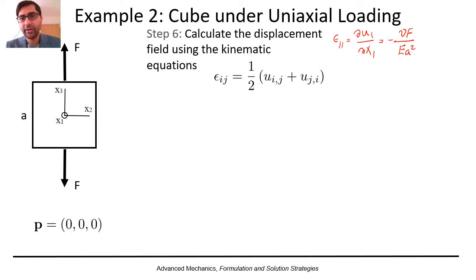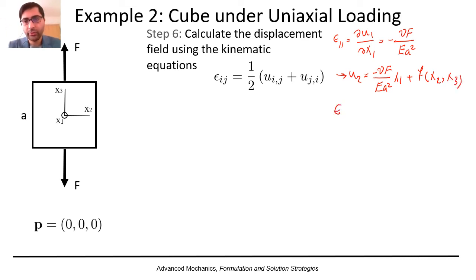And if I integrate with respect to x1, I get u1 is equal to minus nu F over E a² x1 plus a constant, which is basically a constant as a function of x2 and x3.